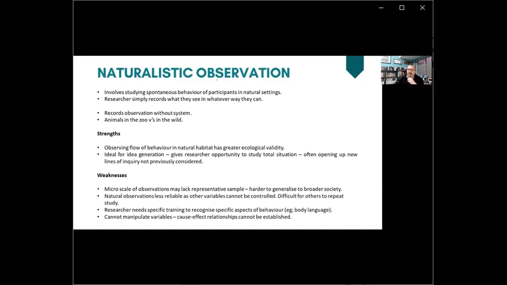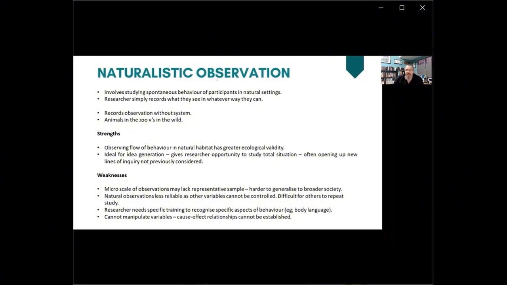But the weaknesses might make it ineffective or insufficient for our needs. We have a micro scale of observation, so we don't necessarily get a representative sample. It's harder for us to be able to generalize what we observe and what we take from that observation to a broader or larger population.